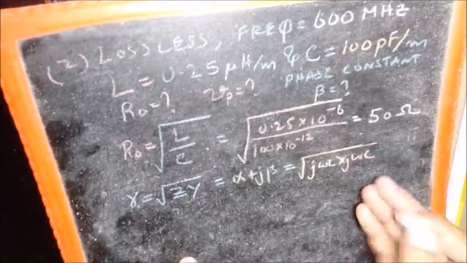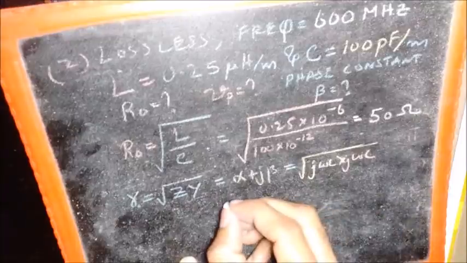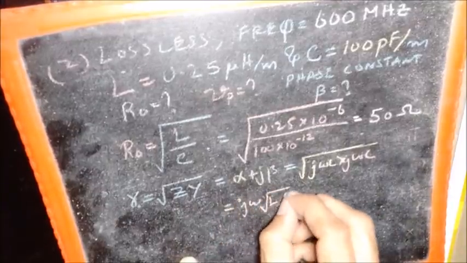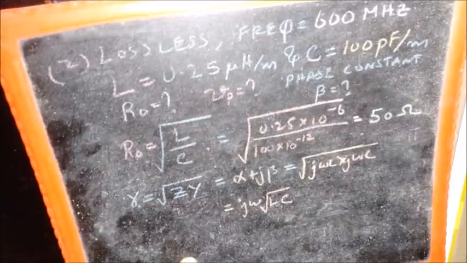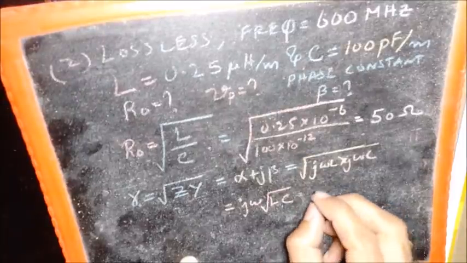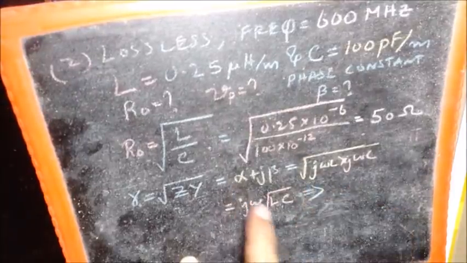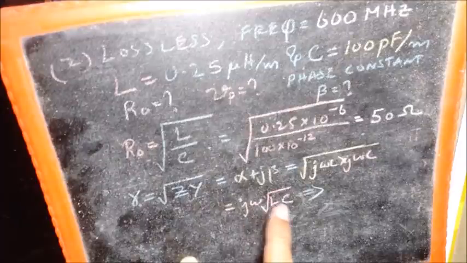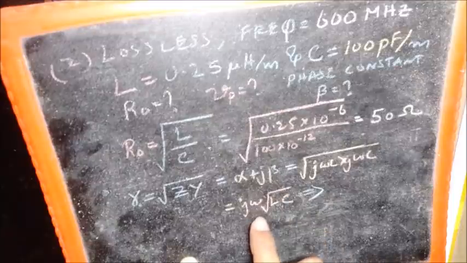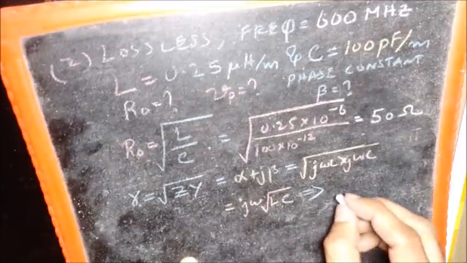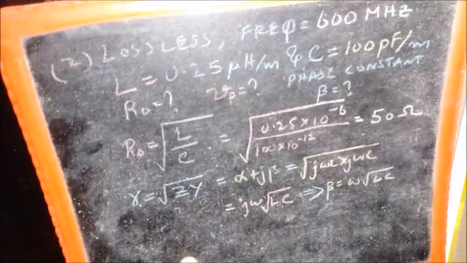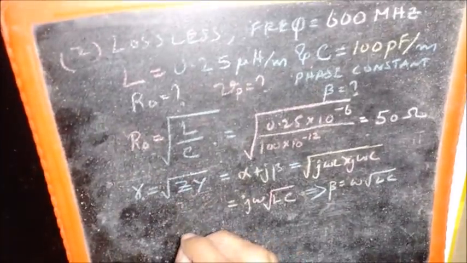R is 0, G is 0, and this gives us j omega root LC, which means that alpha is 0, because alpha plus j beta is j omega root LC. So beta is equal to omega root LC.